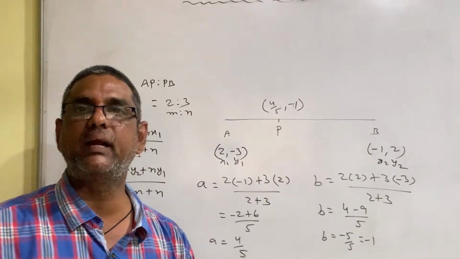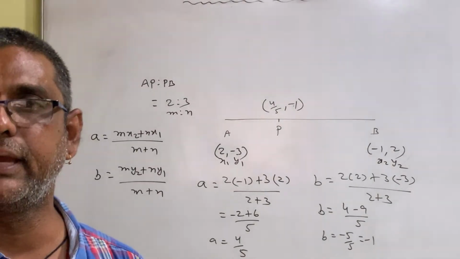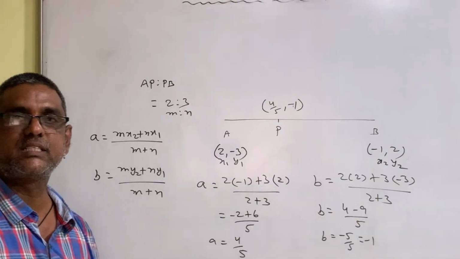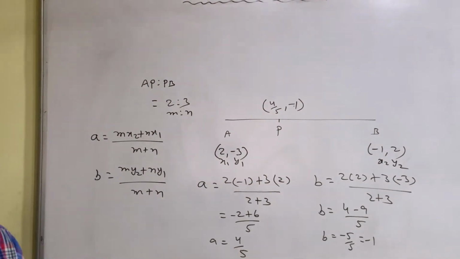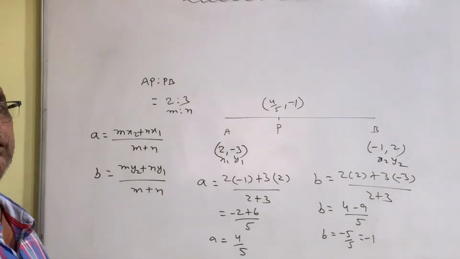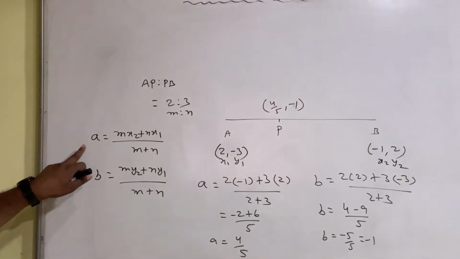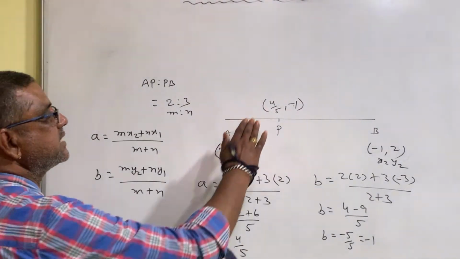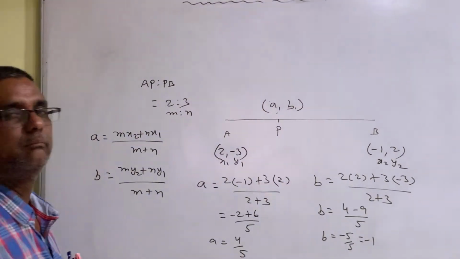And there is a point P in between A and B, which is dividing the line segment AB in the ratio 2:3. And we want to find out the coordinates of P. So let us assume the coordinates of P are A comma B.